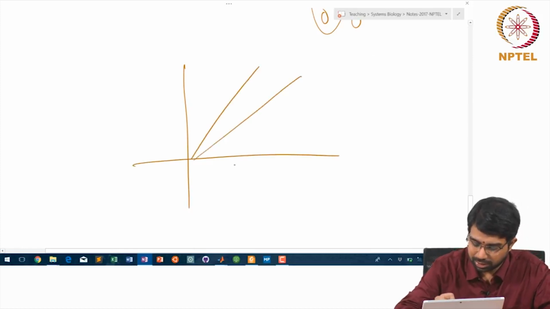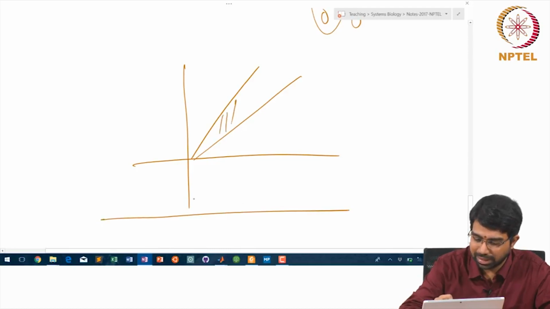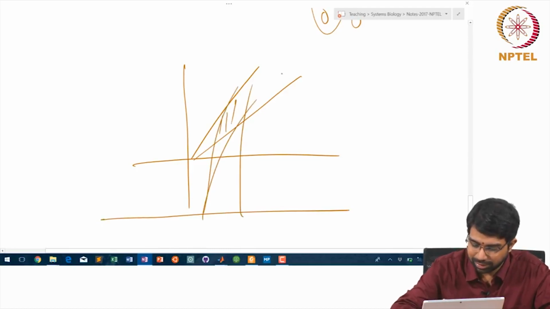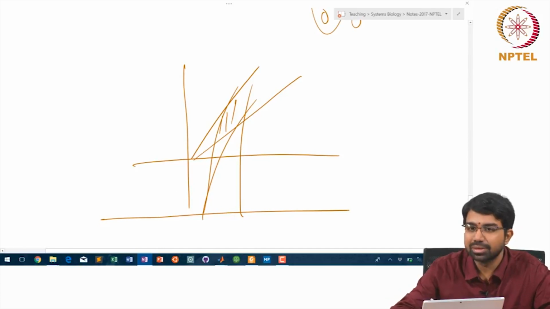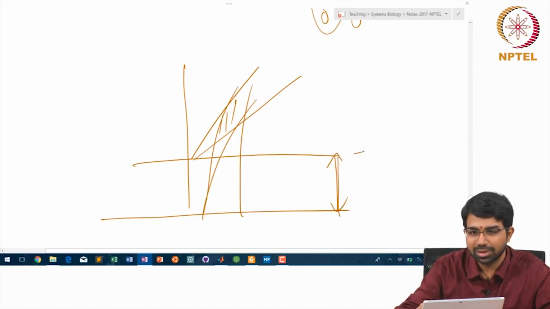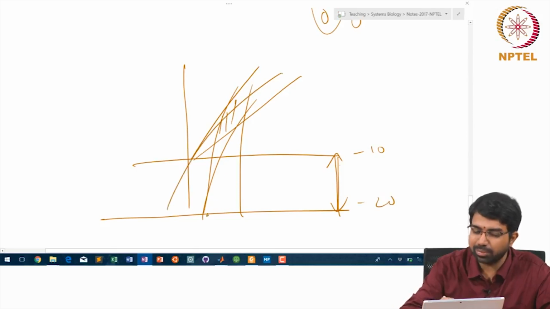If you had something like this, instead of exploring in this area, you are now saying explore in this entire area, because you lowered one flux. So LB went from -10 to -20, and you opened up a larger area for exploration.